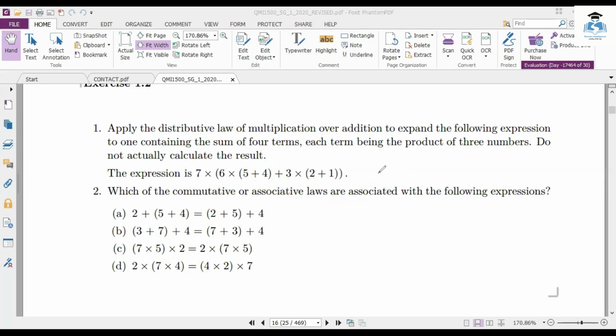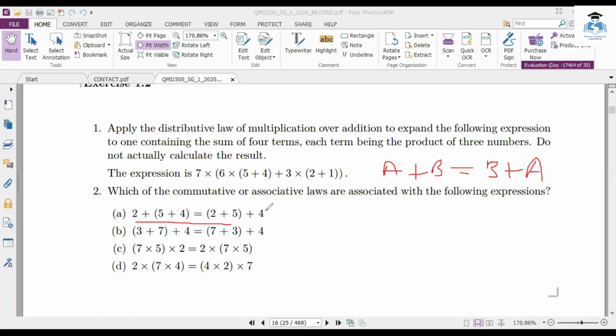We said if it is A plus B, for commutative it is equal to B plus A. Remember, for associative you need to have more than two terms. This one is associative because we are saying 2 plus 5 plus this one is also the same as that one.